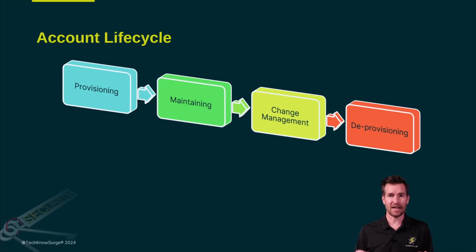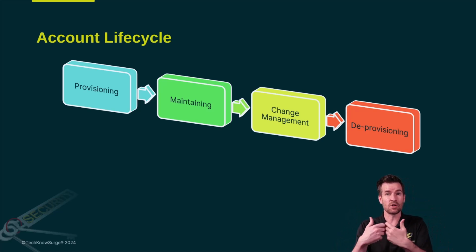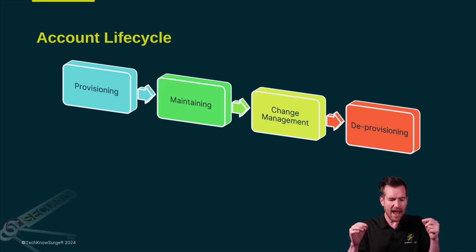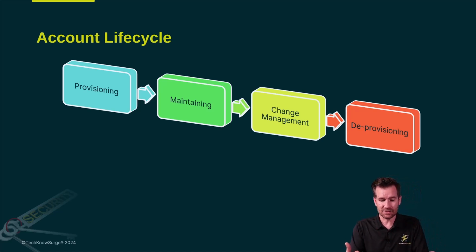Identity and access management is really this holistic view though. It's not just the systems you're logging onto and how you're managing it, but it also takes this broader scope of even how you manage your accounts. So when somebody starts at your company, you have this provisioning process where they are provisioned an account. They're given access to certain things. Once they are given access, there's maintenance that happens and you have to do some change management if they change positions.